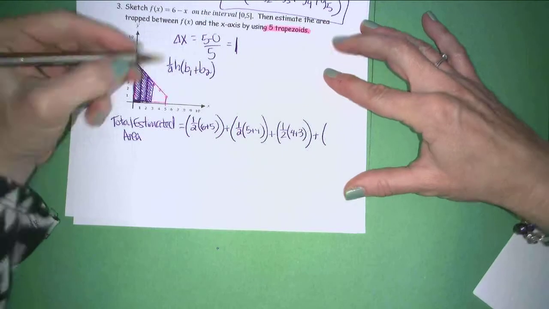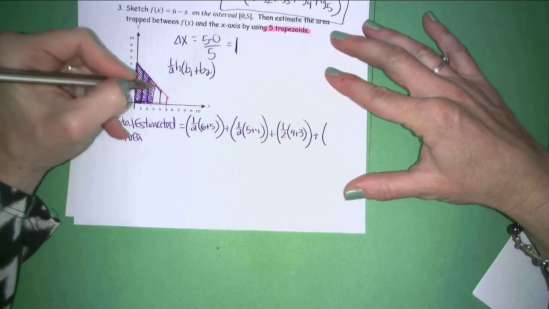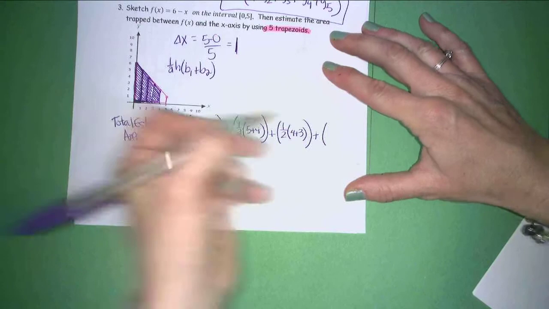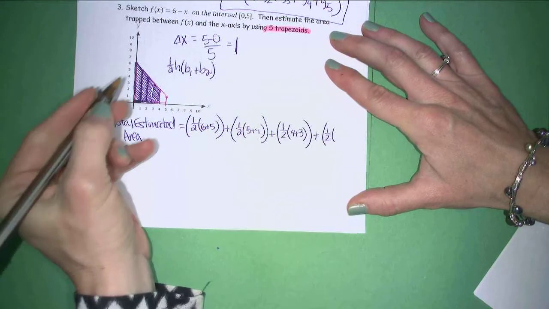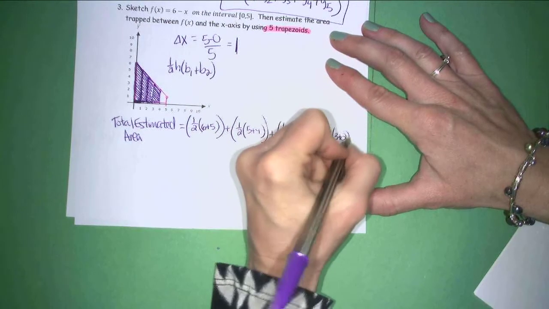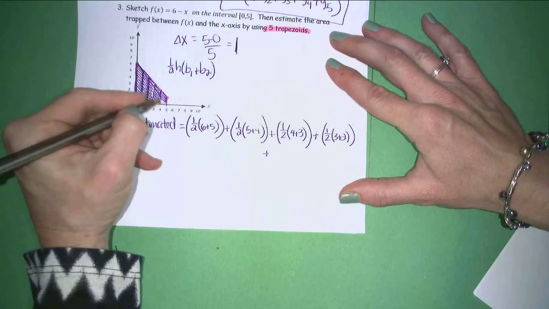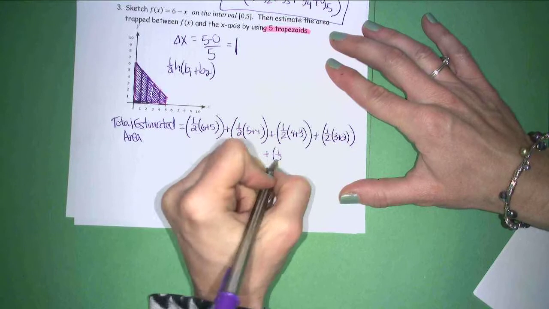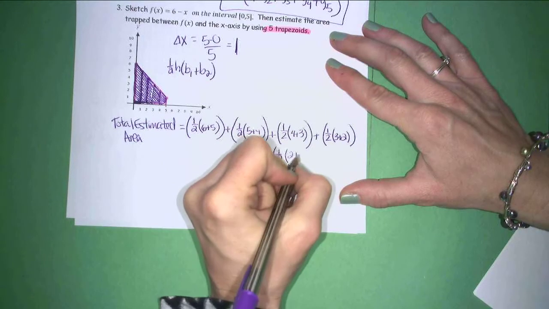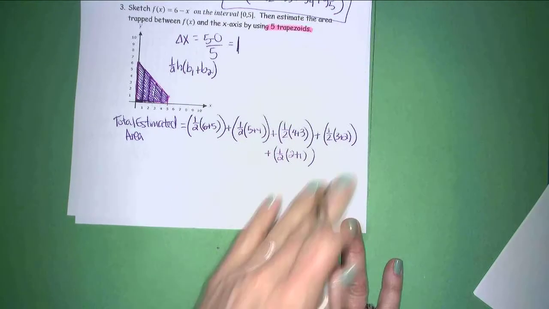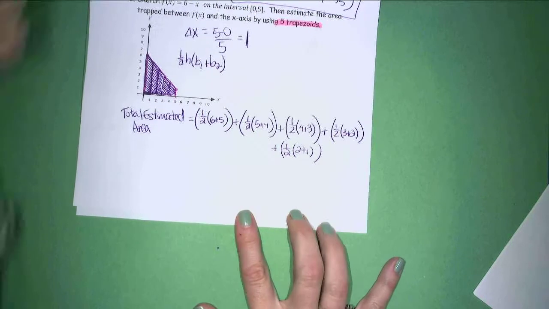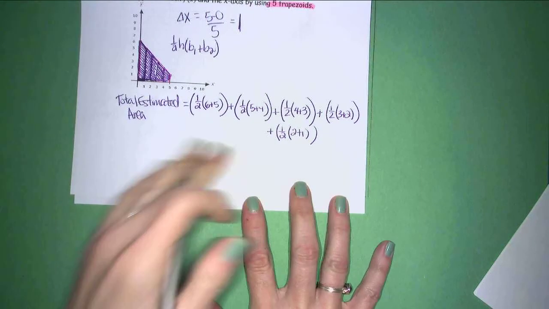Fourth trapezoid, here it is. 1 half times 1, and now we've got 3 plus 2. And finally, my very last one right here, again, it's going to be half times 2 plus 1. This is going to actually give you my true area. If it was quadratic, cubic, quartic, it would be an estimate.